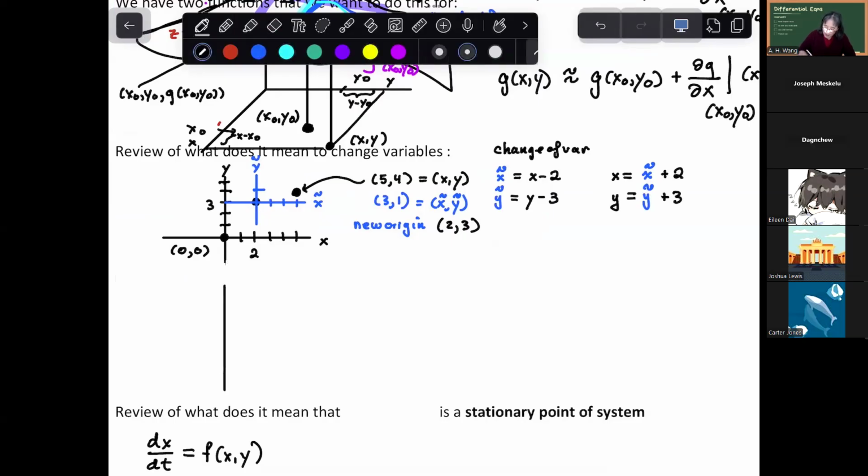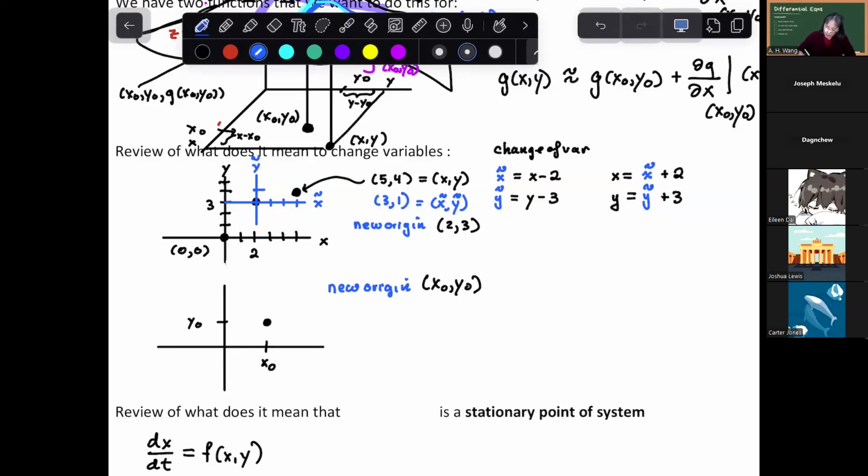If I had a point like this, and I said, here's x naught and this is y naught, and this is the new origin. The new origin is going to be x naught, y naught in terms of the black.